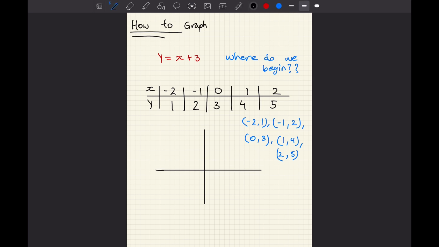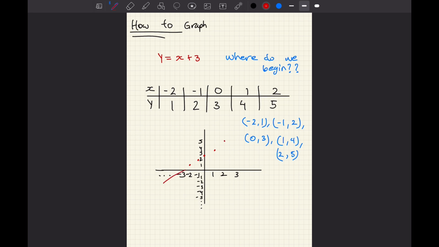So if we go -1, -2, -3, and so on, and 1, 2, 3, 4, 5, then we can plot -2, 1, -1, 2, 0, 3, 1, 4, 2, 5.